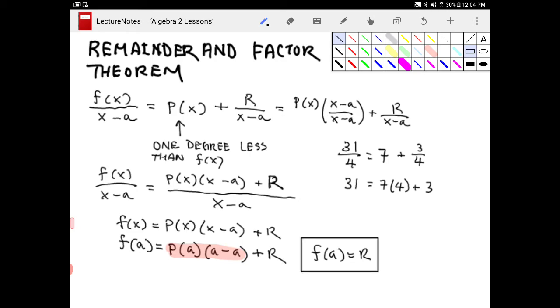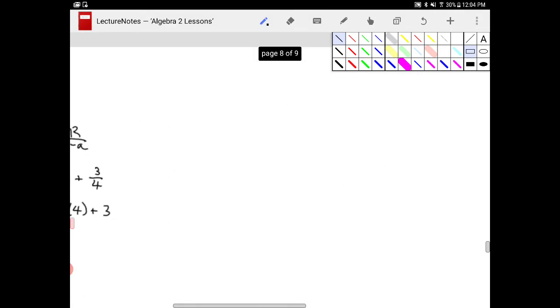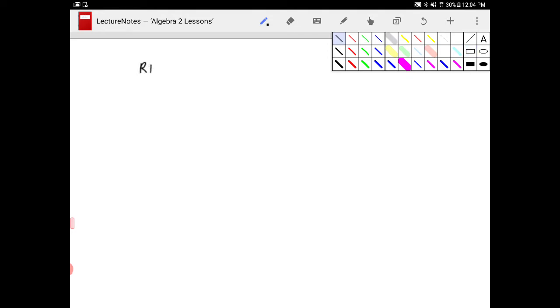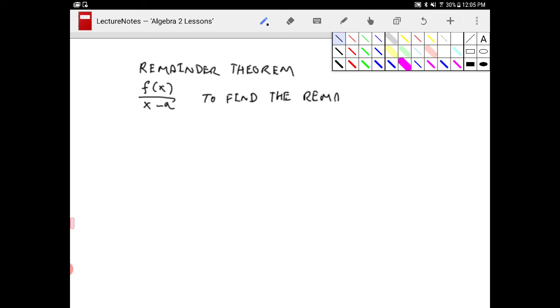So let's recap this. What exactly is the remainder theorem? The remainder theorem says if I wanted to divide f of x by x minus a and find the remainder, all I have to do is take f of x and evaluate it at a.